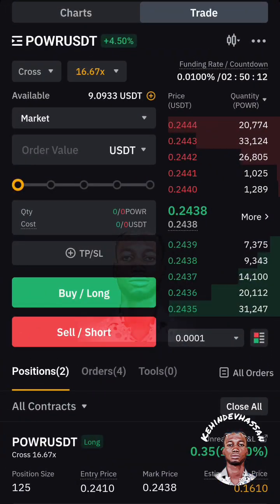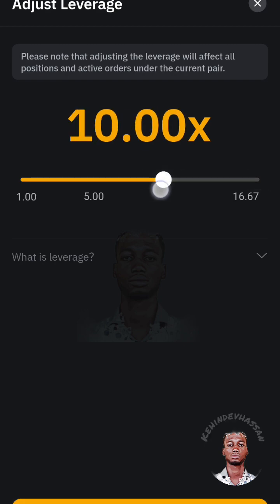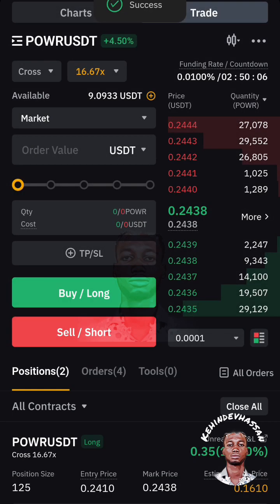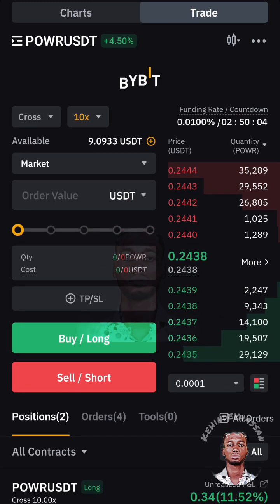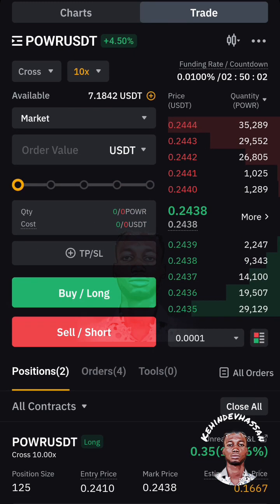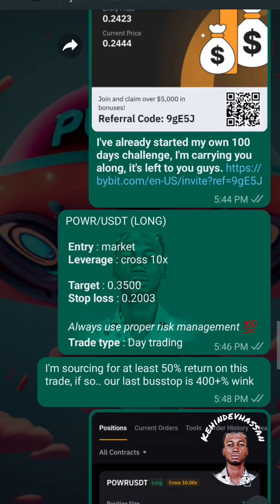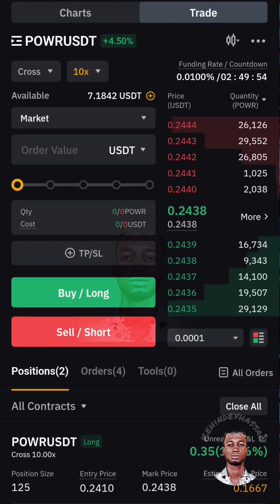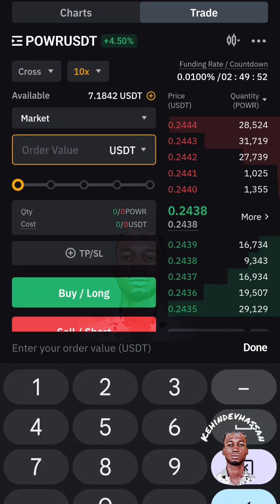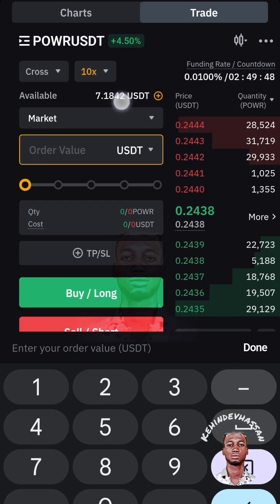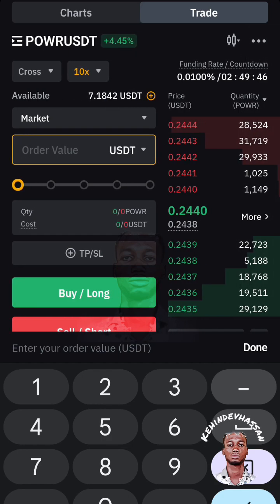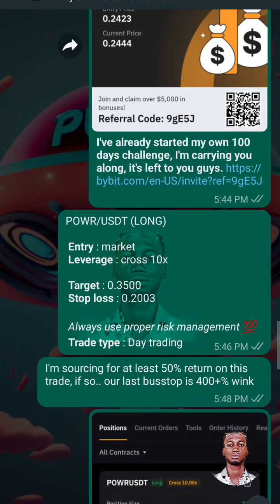Let me give you that as an example so you can understand what I'm specifying directly. So we have 10x. We don't have a specific order value, so let's just use 10% of our available balance as proper risk management.